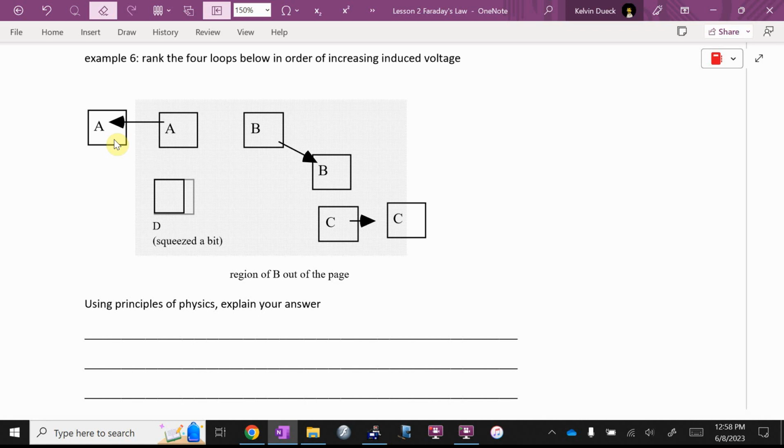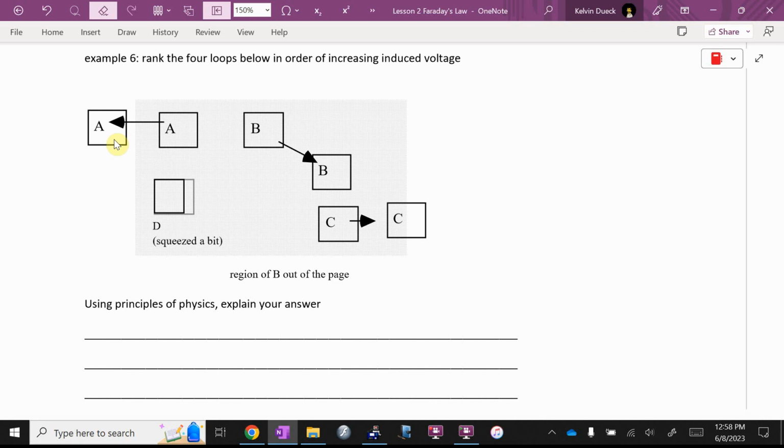Which one? No. A is completely the wrong answer. C is completely wrong. Remember, what causes voltage? A change in flux. Which one does not have a changing magnetic field or area in it? Which one? No. No. B.